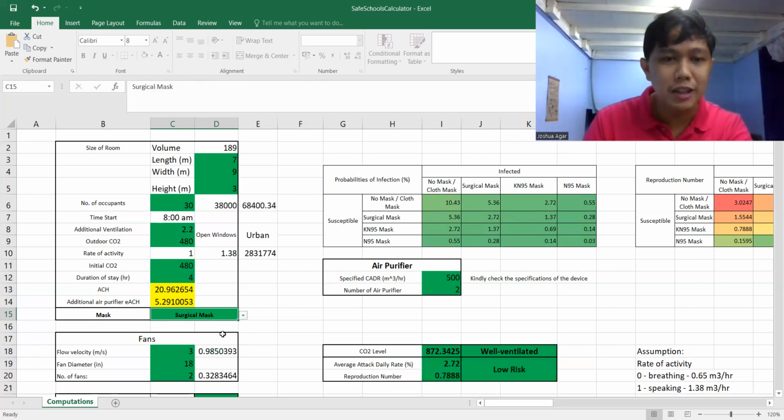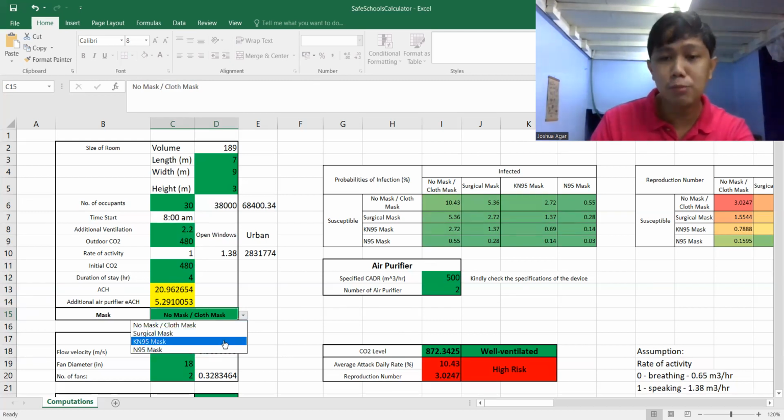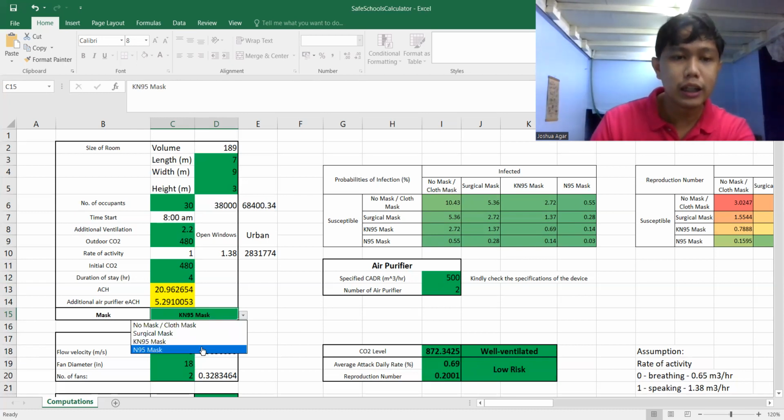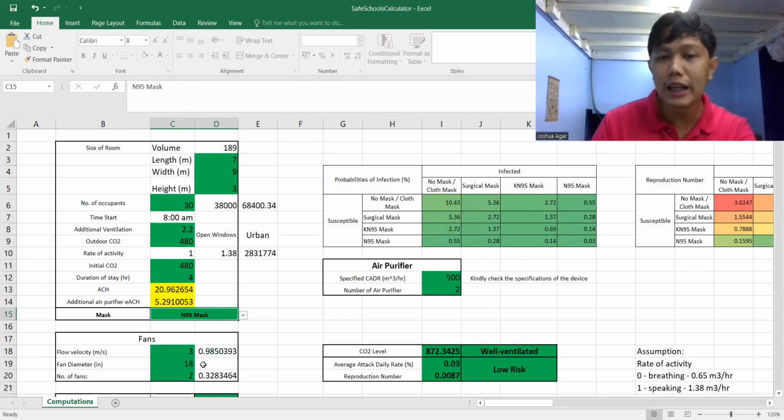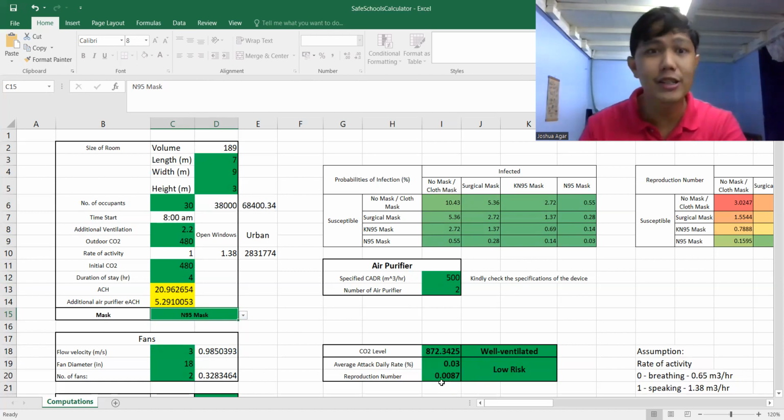In surgical mask, there is 50% reduction. So you may notice that the risk from 3, it reduces to around 0.78. If we improve further, for example, KN95 mask, it reduces to 0.2. And if we go for N95 mask, it further reduces to 0.0087.